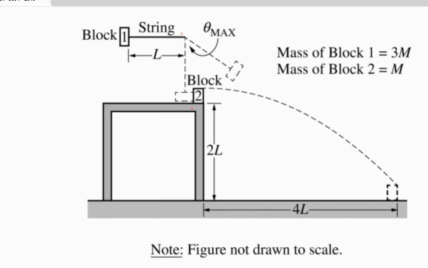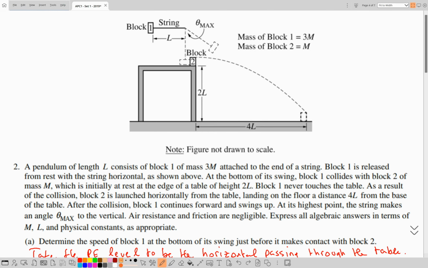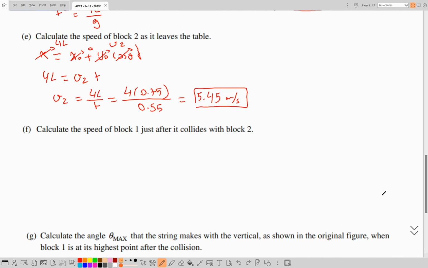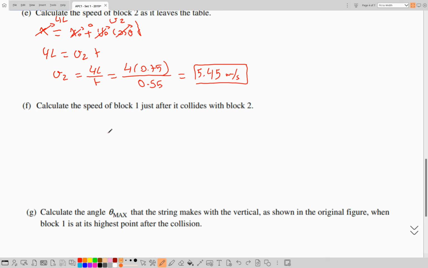This is the only quantity that we haven't determined yet. Now before the collision we know the speed of block 1, and after the collision now we know the speed of block 2. So using the conservation of momentum, for example, we can determine the speed of block 1 immediately after the collision. And indeed, if we check, they're telling us to calculate the speed of block 1 just after it collides with block 2.